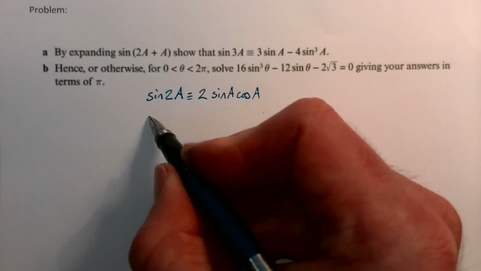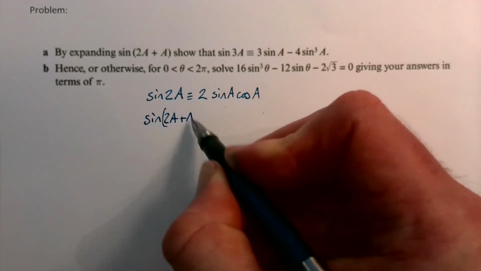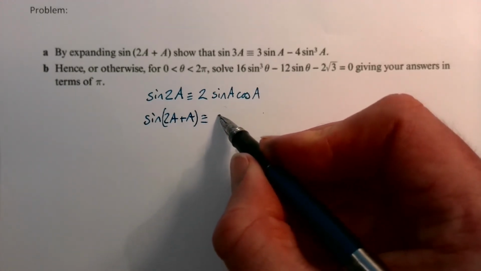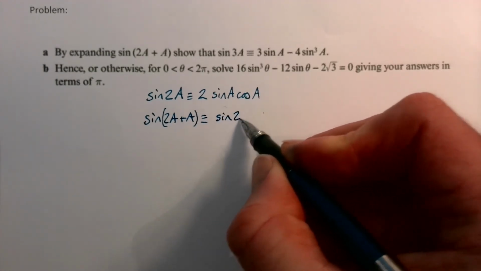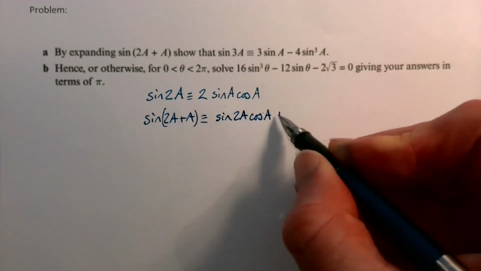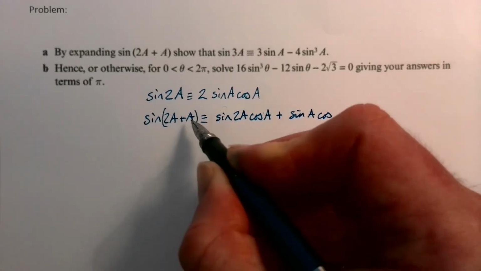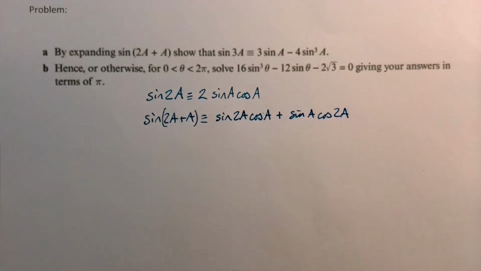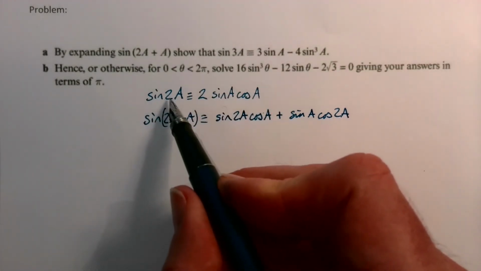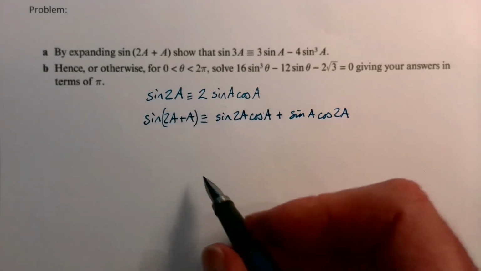We can say that sine 2a plus a, using the normal addition formula, would give us sine 2a cos the other angle plus sine a cos the first angle 2a. And now we're going to be putting in the fact that we know sine 2a is 2 sine a cos a in instead of that.